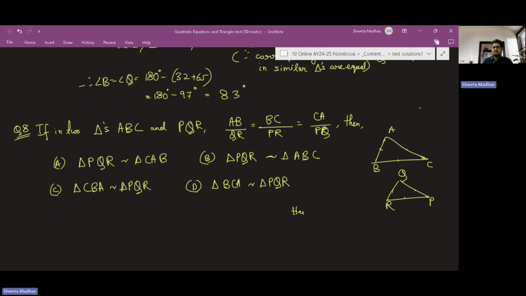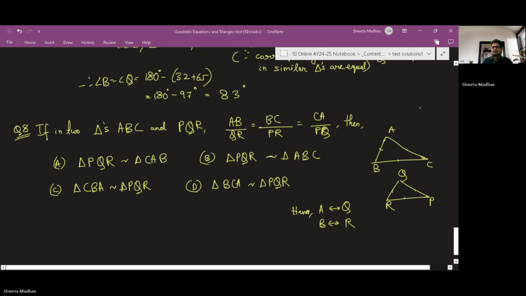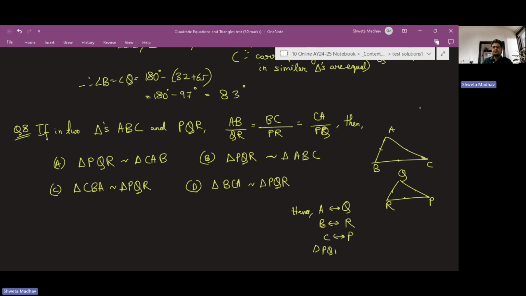So hence from here we can see that the point A corresponds to Q, B corresponds to R, and C corresponds to P.